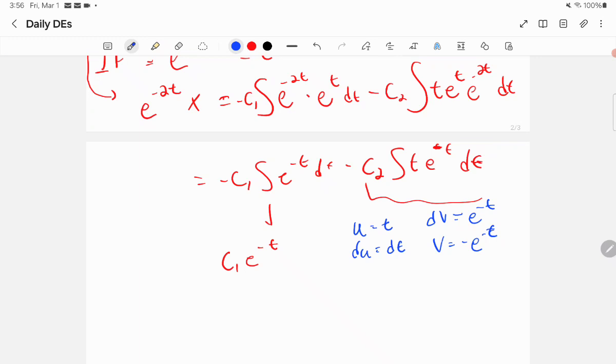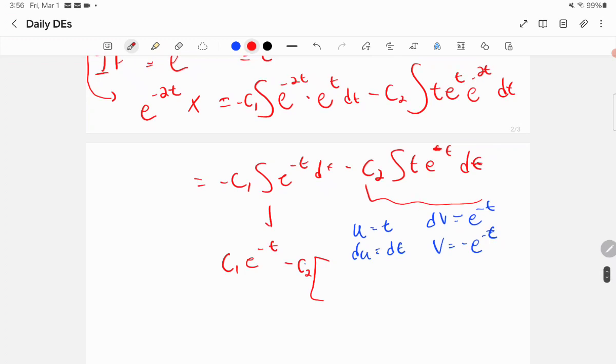So, I'm going to have to remember that I have minus c2 on the outside here, so this is going to be minus c2 times, we're going to have uv, so this is going to be minus t e to the minus t, minus the integral, which is going to have a minus sign in it because of that.